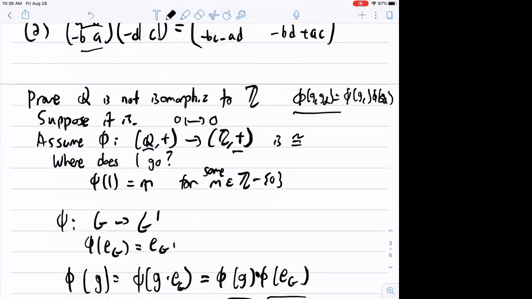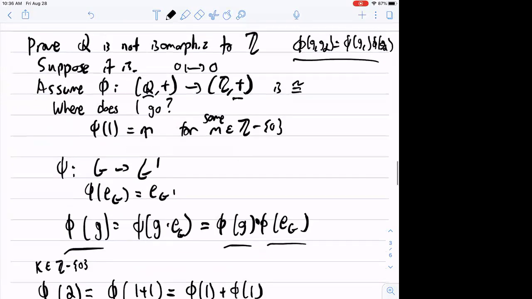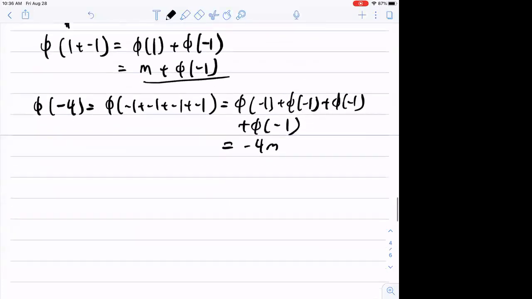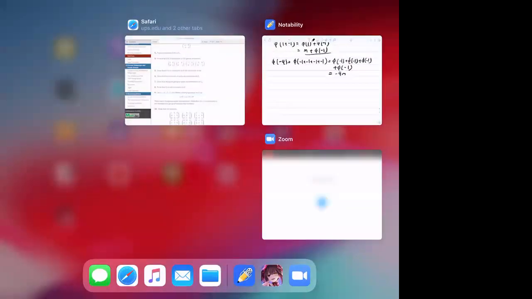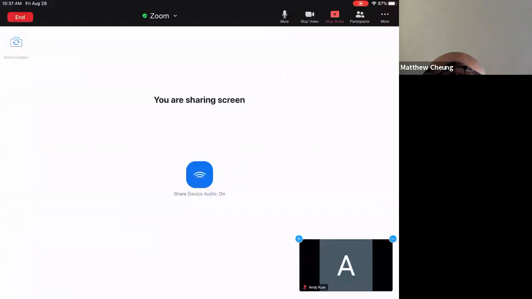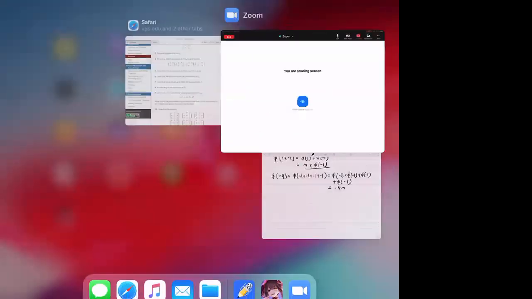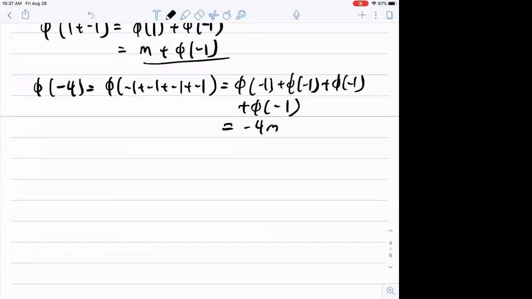So that's all I'm using: this and where 1 goes. 1 has to go somewhere, so we just call it m. Is everyone clear so far? Great. So in other words, phi of k maps to km. Like phi of -4 maps to -4m. So phi of k maps to km. Agree?